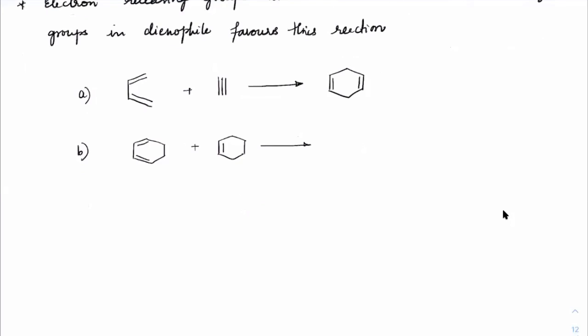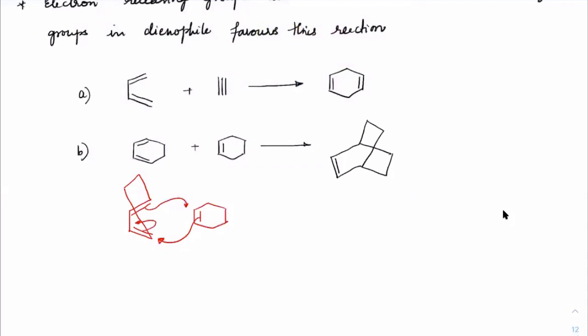Imagine this ring which I have drawn has a double bond here and a double bond here, and it is being treated with this pi bond. So this pi will attack here, this pi will move, and this pi will attack on this side. So as it happens, what is the product? You can see a 6-membered ring, and this side the attachment has happened this way. I guess all of you got the point.